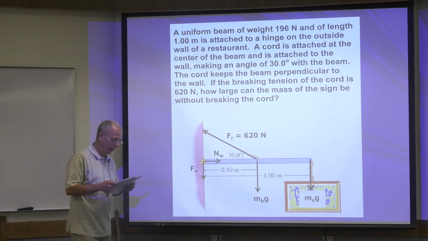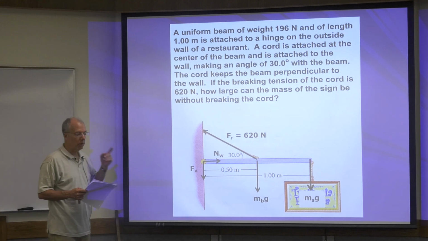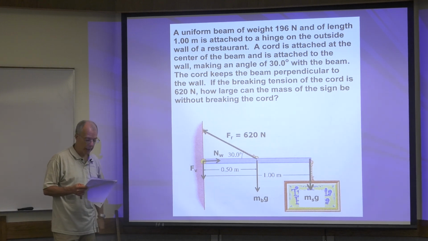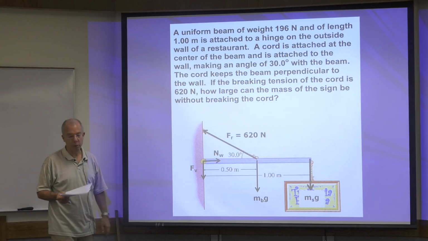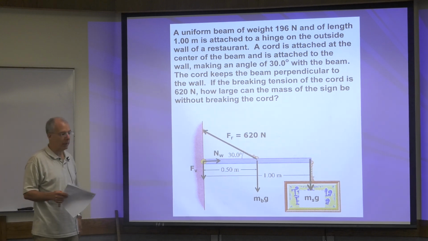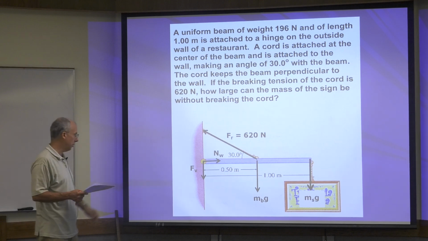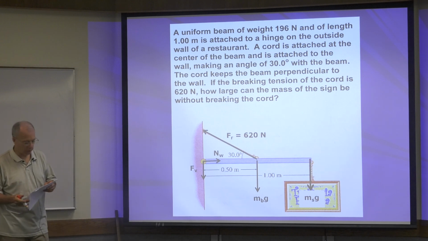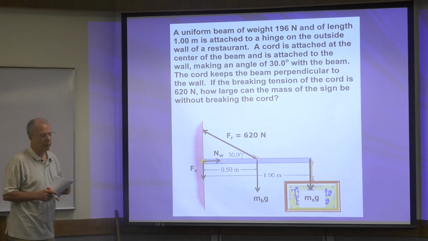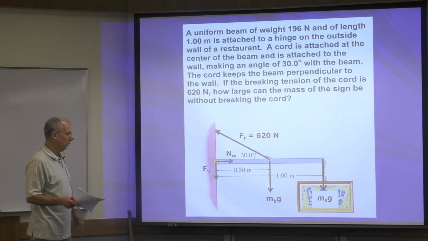Okay. All right. Now, the way I approach these problems is I always do the torque equation first, and then, if I have to, I'll do the force equation. Sometimes you don't have to. Sometimes you can just finish it using only the torque equation. All right, so that's what we're going to do. Just going to do the torque equation. Now, when you're going to use torques, you have to figure out a rotation axis. And remember, you can put the rotation axis anywhere you want.